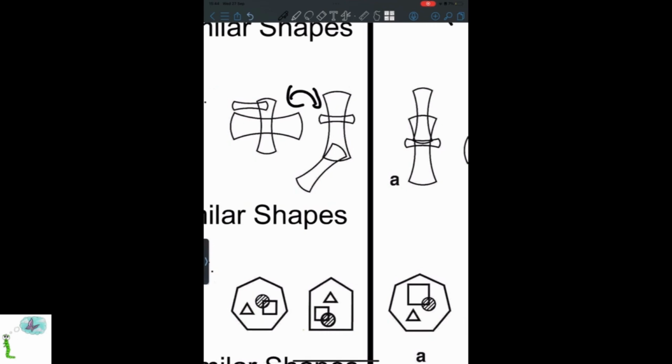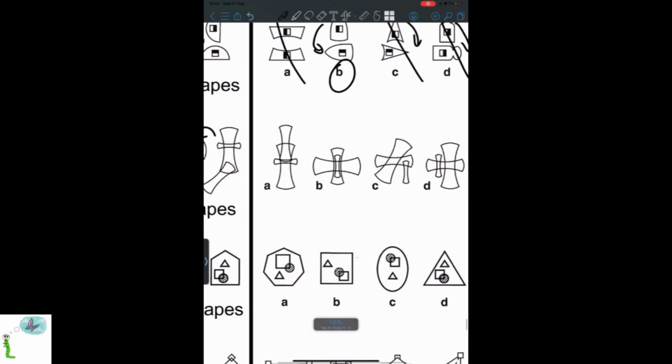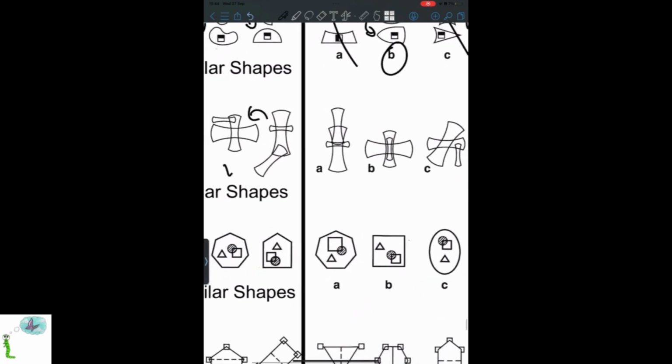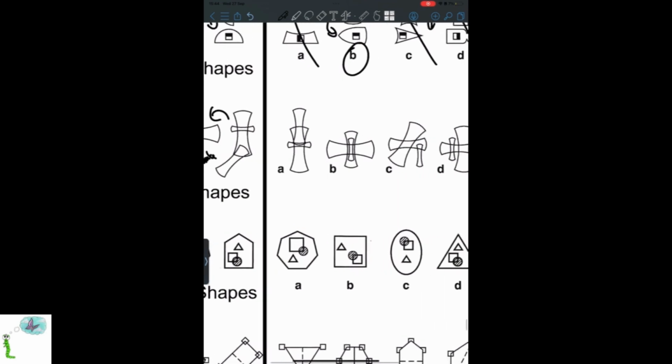What I immediately look at with these types of questions is intersections, or overlapping. So one area overlapping here, one area overlapping here. 1, 2. We've got 2 overlaps. So I'm going to quickly look for an option that has 2 overlaps, because that's the rule I found, right? This has 3 overlaps. 1, 2, 3.